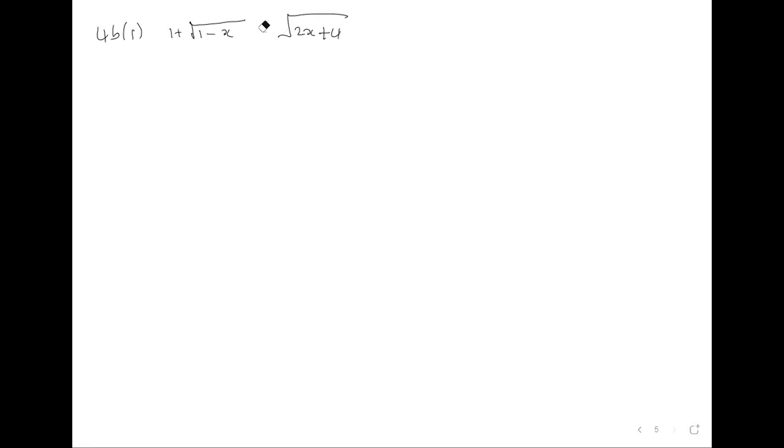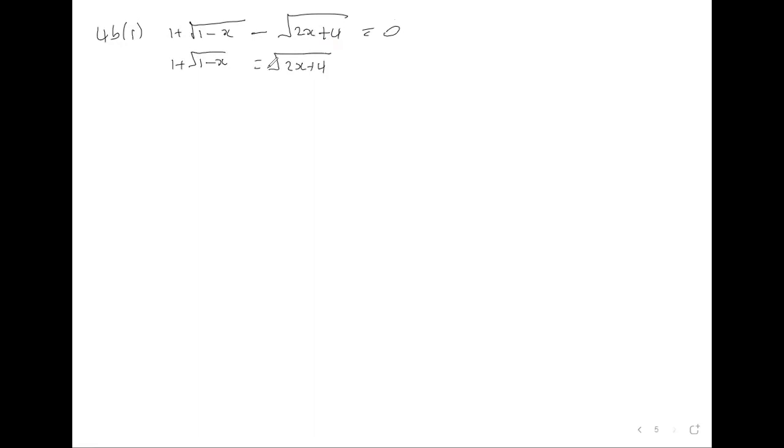This is a minus. Then we have a 0 this side. So we can take this component to the other side by introducing its additive inverse. So we get 1 plus root of 1 minus x equals 2x plus 4.